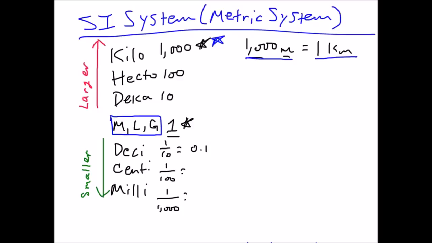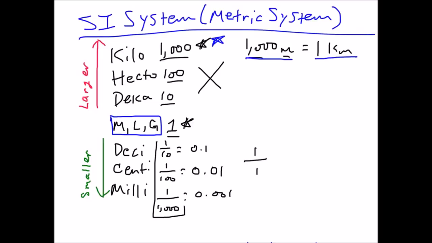If you were to multiply 1 times 0.1, you would be dividing it by 10. Alright, or we could have down here for centi, we get 0.01, and milli is 0.001. If you'll notice, up here on the top we were multiplying by these values, and on the bottom we are dividing by these values.